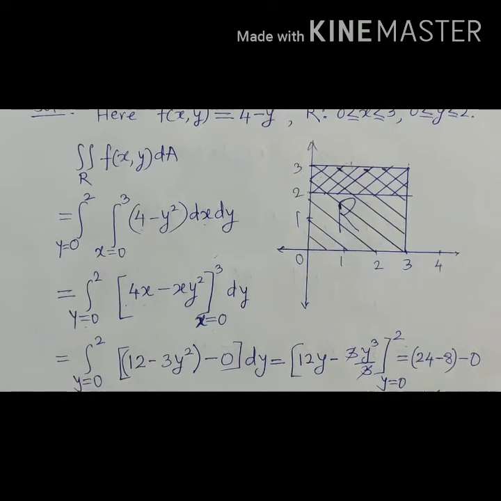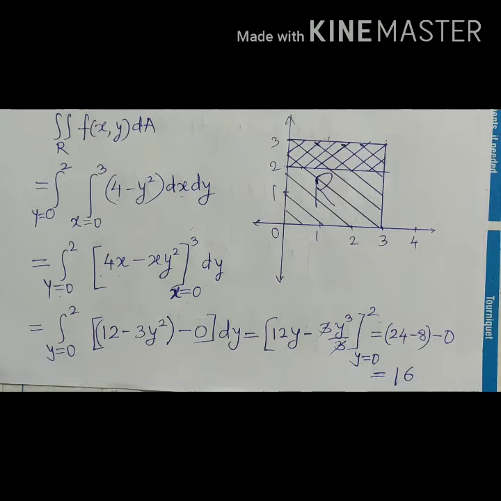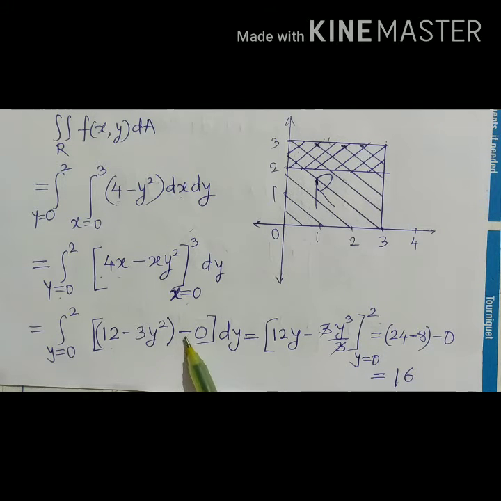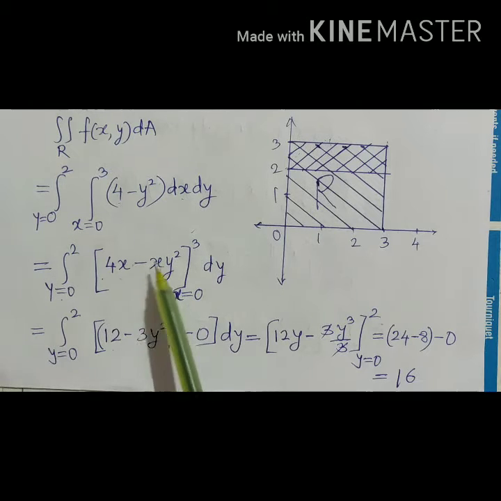Now let us put the limit. The outer integral is as it is, we didn't touch it. Inside, the upper limit becomes 4 times 3 is 12 minus 3y square, and minus the lower limit, where both terms have x, so the value goes to 0, so minus 0, and outside dy as it is. Now we integrate this. The integral of 12 becomes 12y minus 3 times y cube by 3.